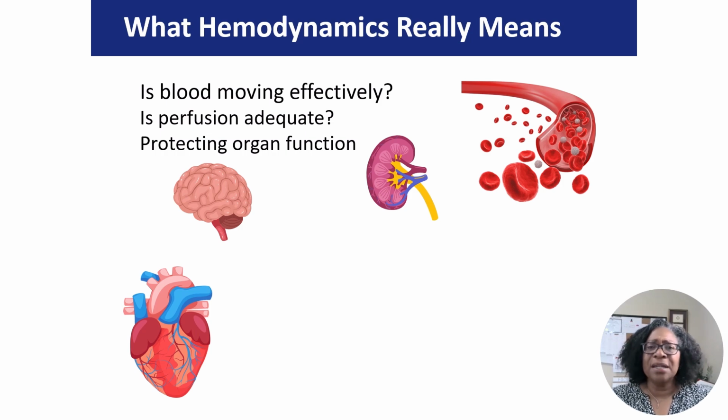Are the organs getting enough blood? Because when perfusion drops, the kidneys fail, the brain becomes confused, the skin becomes cool, lactic acid rises. Hemodynamics is all about protecting perfusion. And that's basically what we're going to learn today.